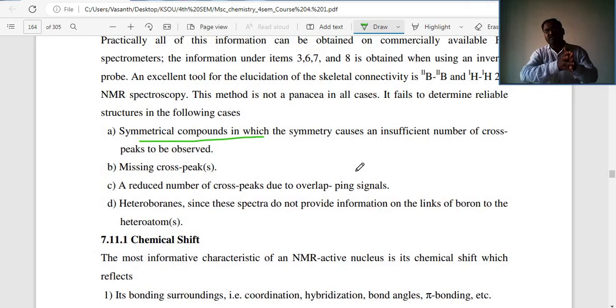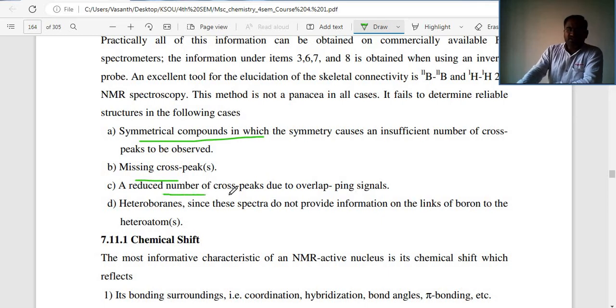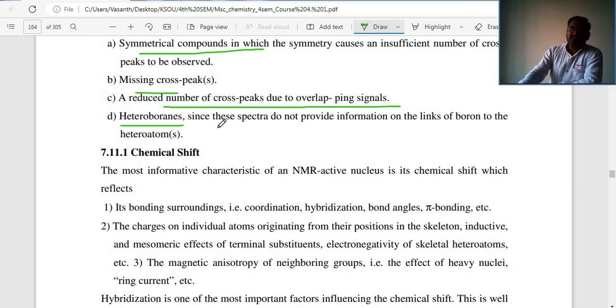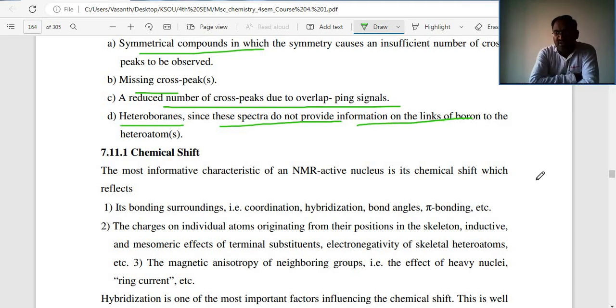Asymmetrical compounds in which the symmetry causes an insufficient number of cross peaks to be observed, missing cross peaks, a reduced number of cross peaks due to overlap, ring signals, and heteroboranes, since these spectra do not provide information on the links of boron to the heteroatoms.